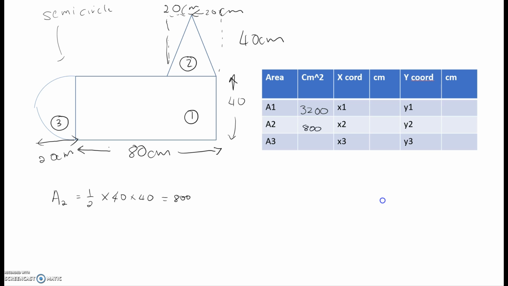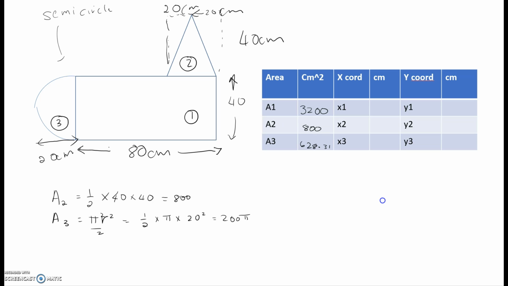And the area of the semicircle is going to be pi r squared over 2, or a half times pi times 20 squared, and that would be 200 pi. And as a number, it would be 628.31.